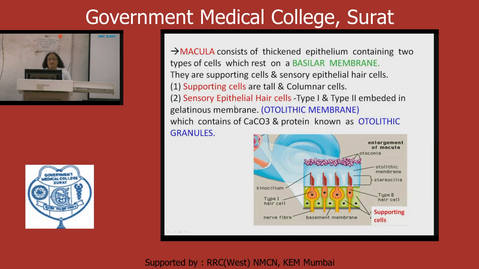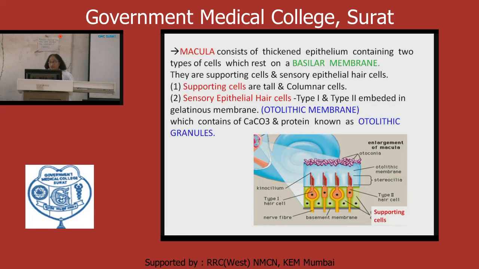The second are the sensory epithelial hair cells, called type 1 and type 2, embedded in the gelatinous membrane called the otolithic membrane, which you can see in the given diagram. This membrane contains calcium carbonate and protein known as the otolithic granules.